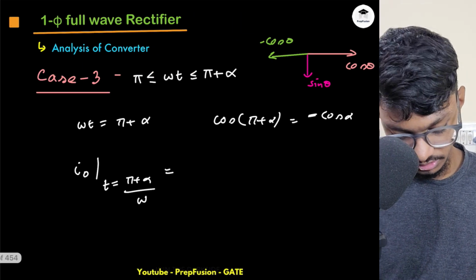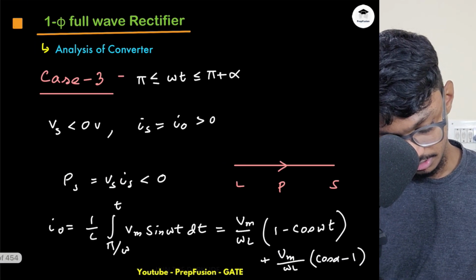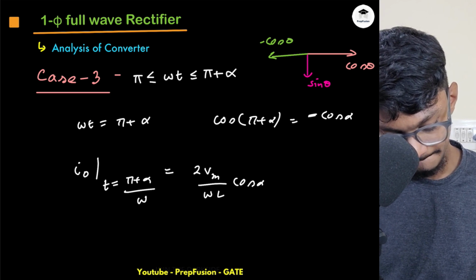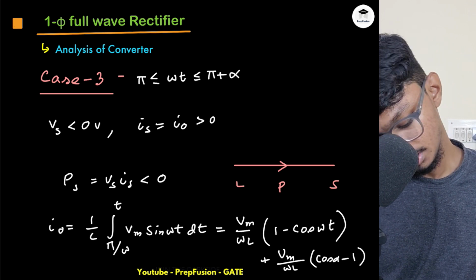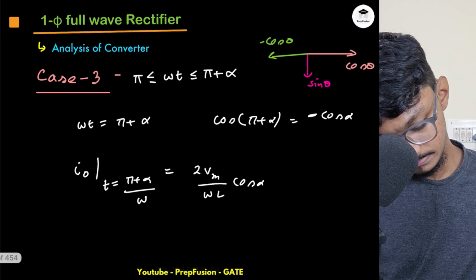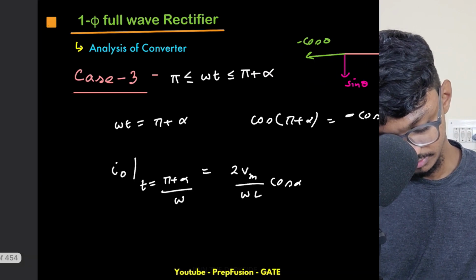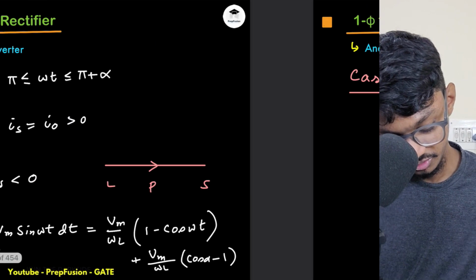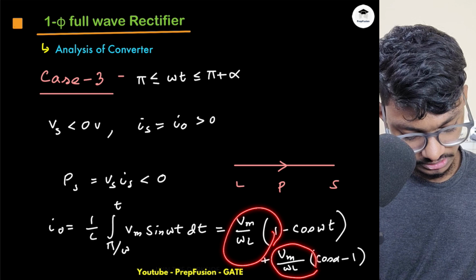So this will be 2 Vm upon omega L, and here this will be plus, obviously there is cos alpha here as well. Okay, there is one Vm upon omega L as well, so Vm upon omega L minus Vm upon omega L. 2 Vm upon omega L will be the only value, because the two Vm upon omega L terms are getting cancelled, right?